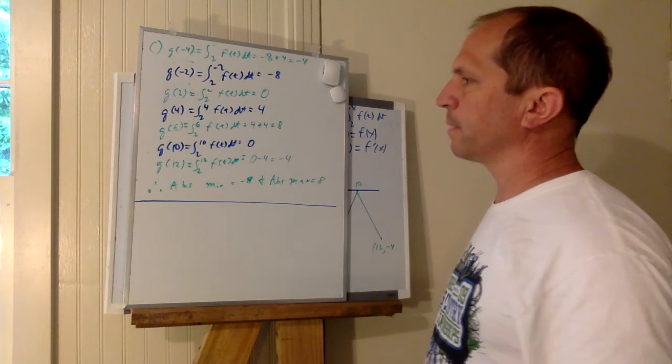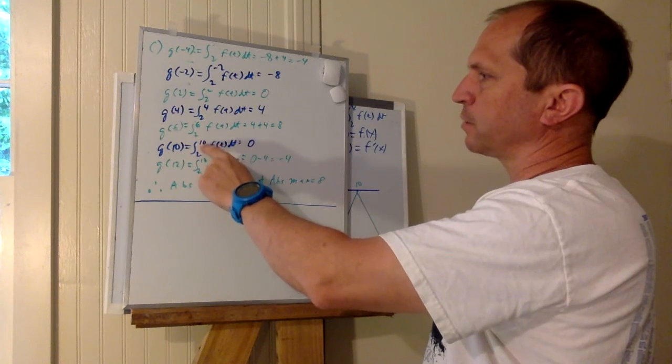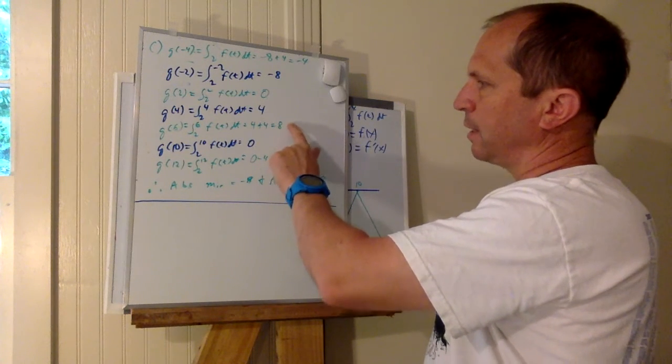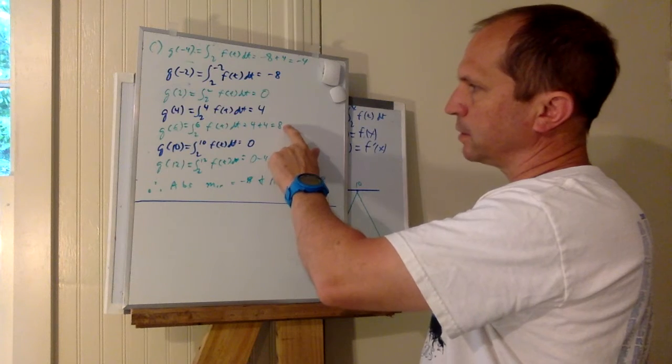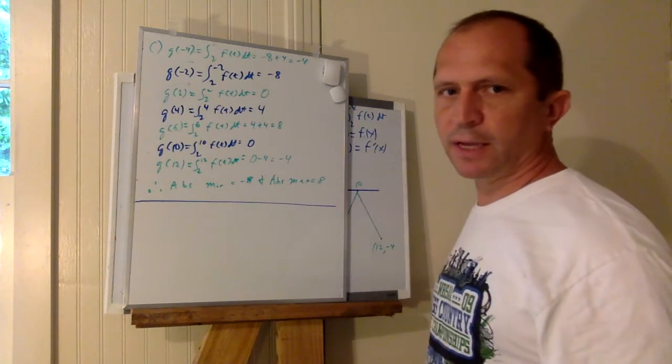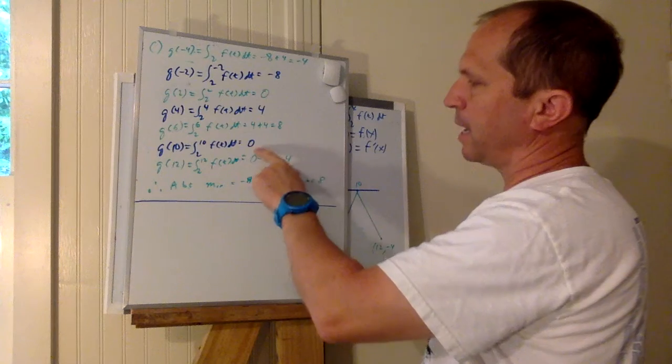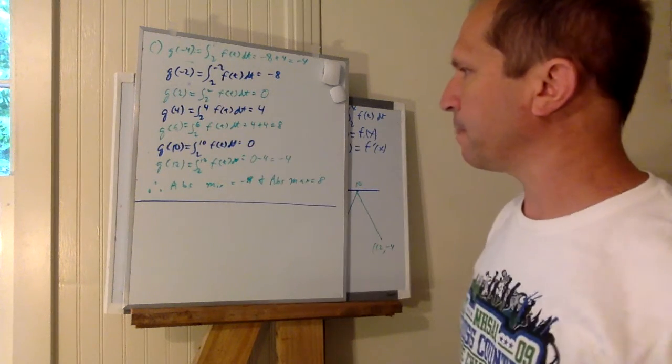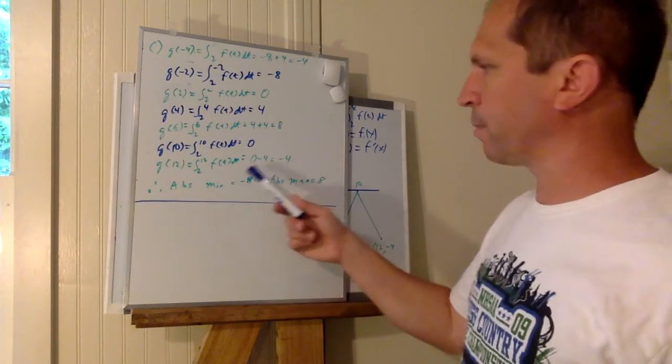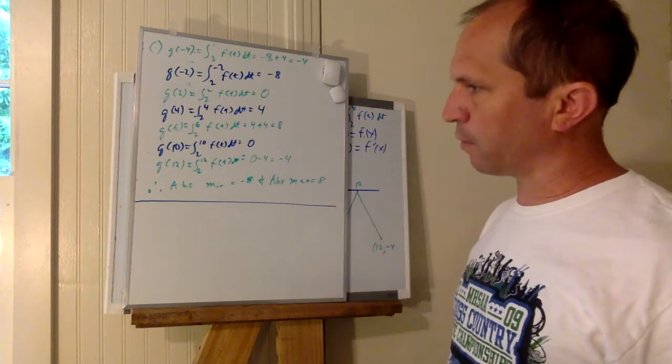Now, I skipped 8 and just went straight to 10 because I knew I had equal triangles both above the x-axis and below the x-axis. I knew it was going to be 8 minus 8, which was 0. And then at 12, we're below the x-axis, so we get negative 4.